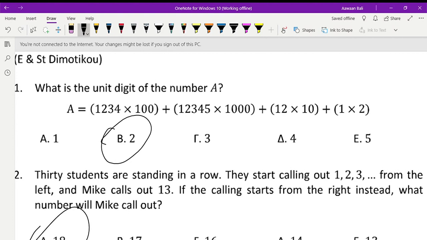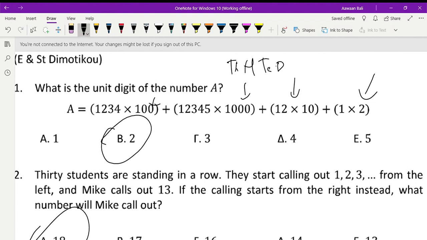But then when we look at the last segment here, it just says 1 times 2. And if you notice, this is basically following the place value. These are the thousands, these are the hundreds, these are the tens, and then we just have the ones, or you could say the units digit.